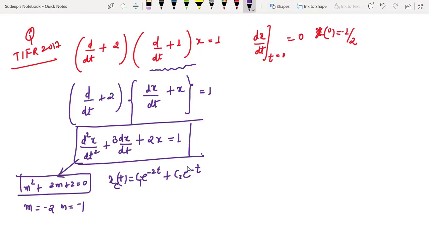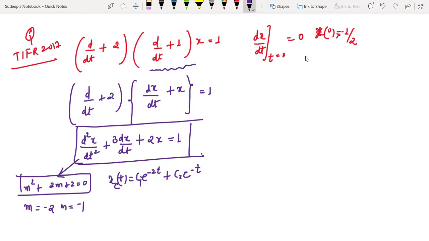Now, that's the complementary function. You need to find the particular integral also. So, how will you find it?